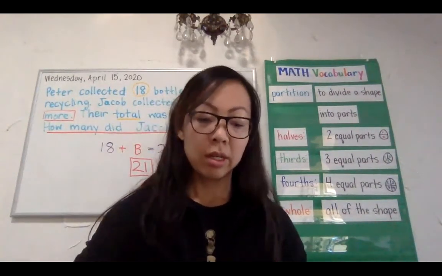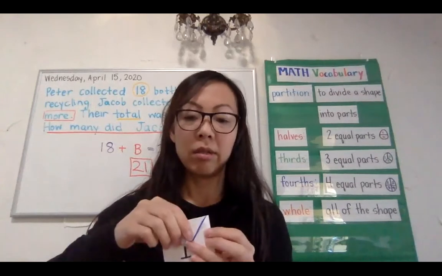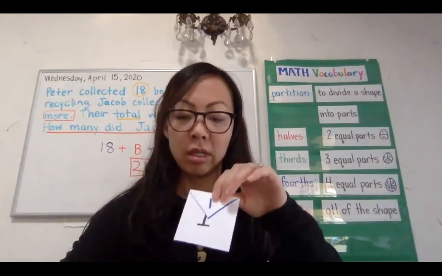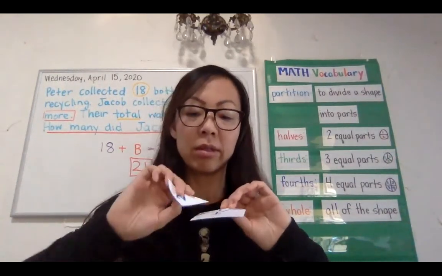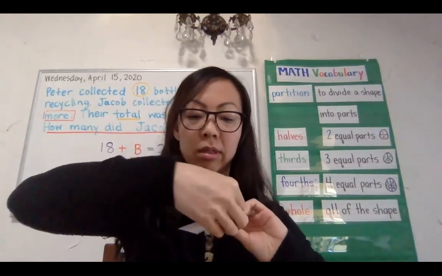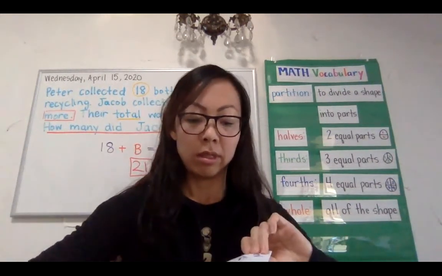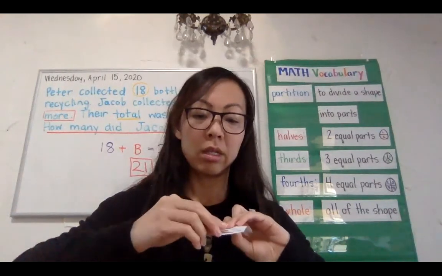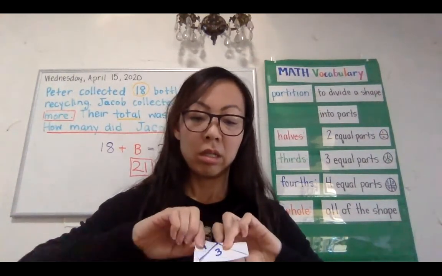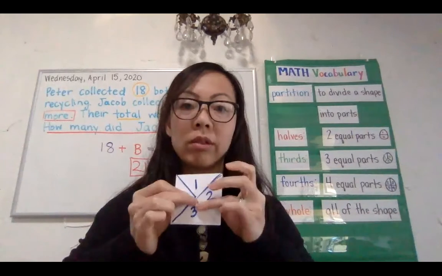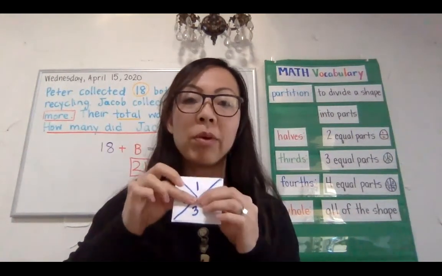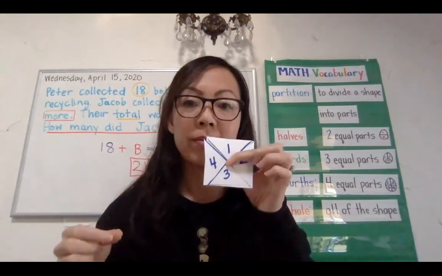So you can see that my fourths are going to come back together to make a whole square. If you have paper at home, you can try this out too.